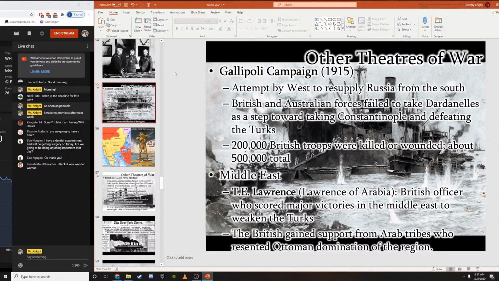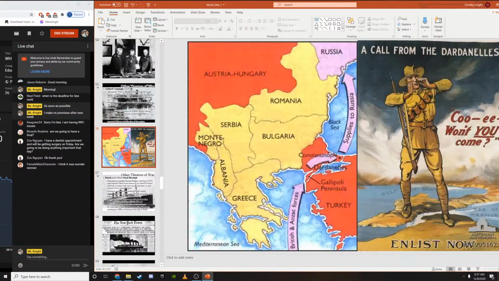The British and the Australian forces unfortunately failed to take the Dardanelles Strait as a step towards taking Constantinople and defeating the Turks. The Turks, the Ottomans, fought much harder than the British were expecting them to, and they successfully defended their territories. This is the Dardanelles Strait.